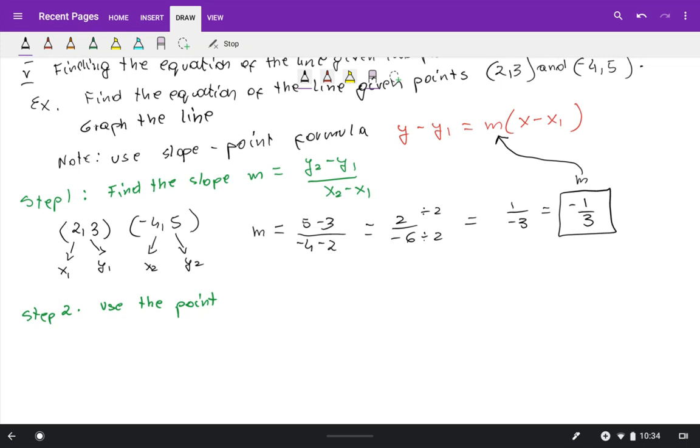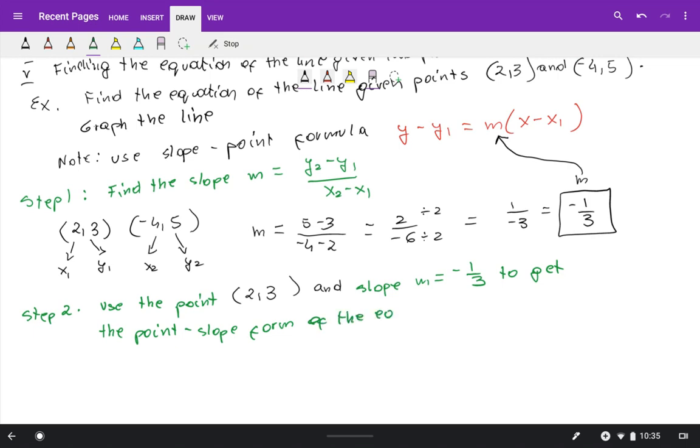So use the point (2, 3) and slope m equals negative 1 over 3 to get the point-slope form of the equation of the line.